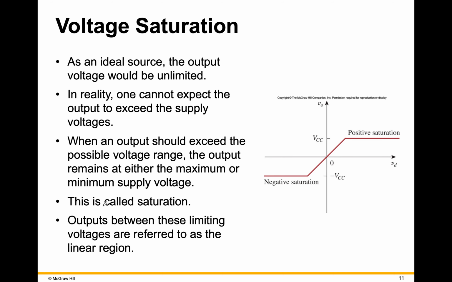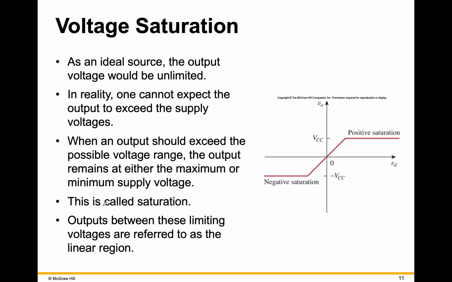One more thing to talk about as far as the operation of a real-world op-amp and the operation of an ideal op-amp. So ideally, the output voltage of the op-amp would not have any limits. But remember that the op-amp is externally powered, and that the source in the op-amp is a dependent voltage source. And remember, dependent voltage sources can't have an output unless they have some external power supplied to them.